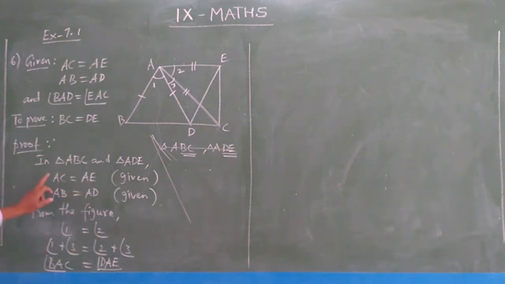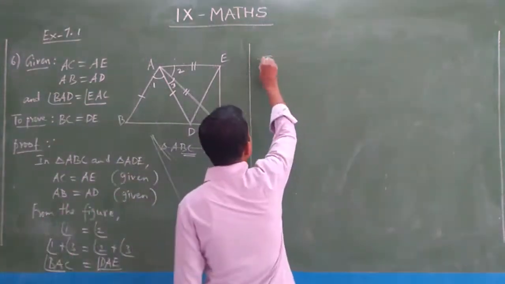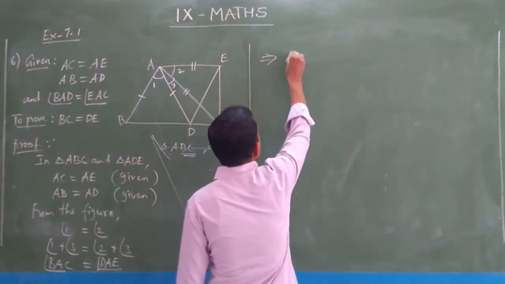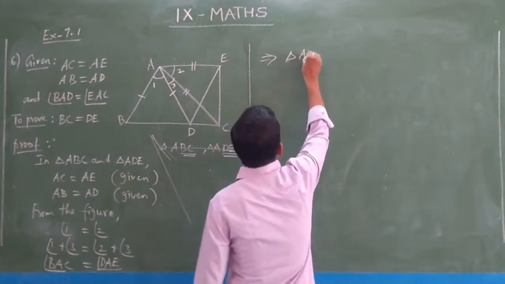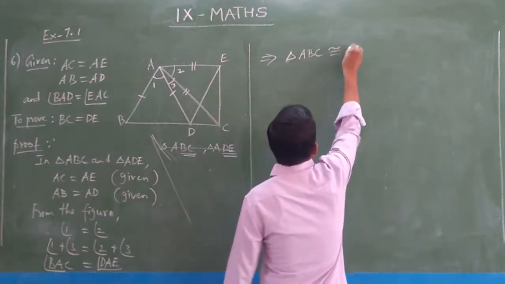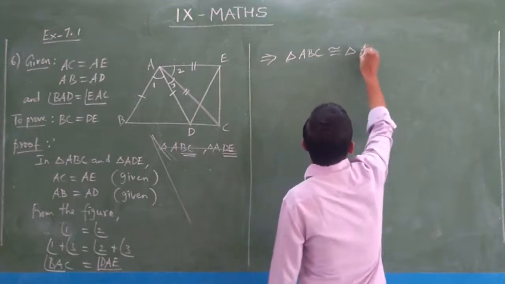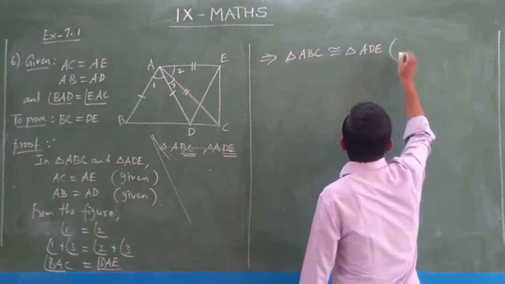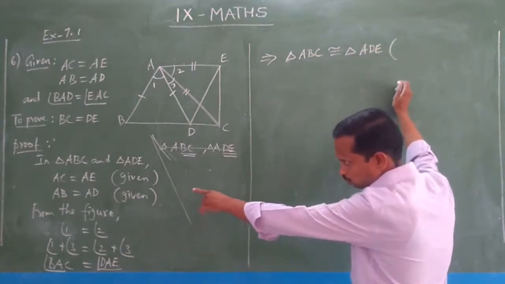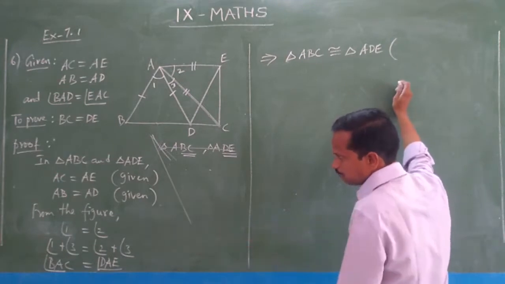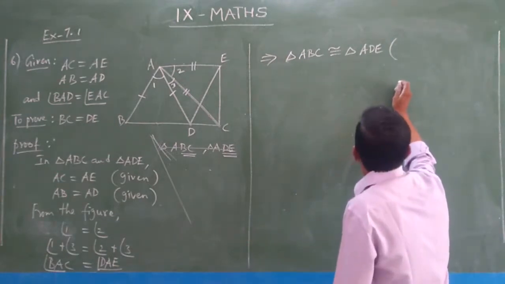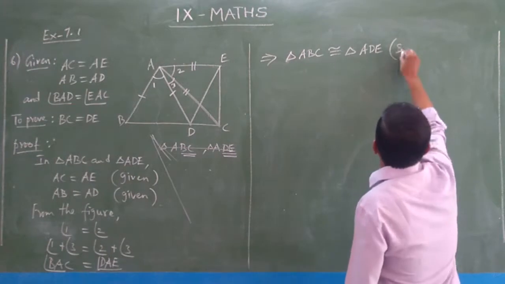So now we have two sides and one angle. So we can say triangle ABC is congruent to triangle ADE because of two pairs of sides and one pair of angles. That means SAS rule.